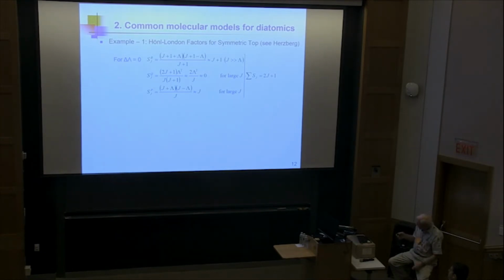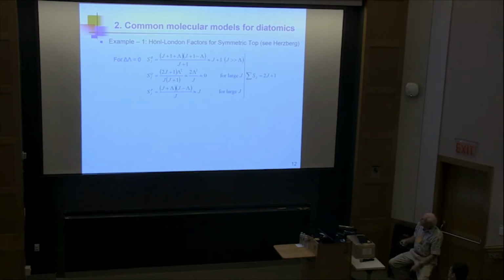They're defined, and it takes a while to master this. The sum of these numbers is 2J plus 1. When you look at the relative propensity of going for P, Q, or R, what really counts is this number divided by the total. So it's the fraction. The probability of going for an R is J plus 1 over 2J plus 1.